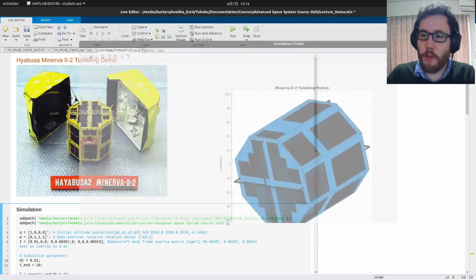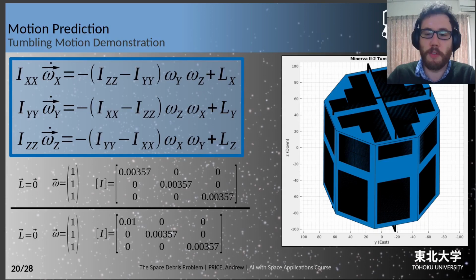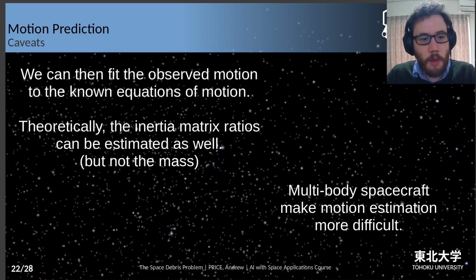And therefore, if we can estimate the pose over a certain number of time steps, of course we can then estimate the motion from the various poses.